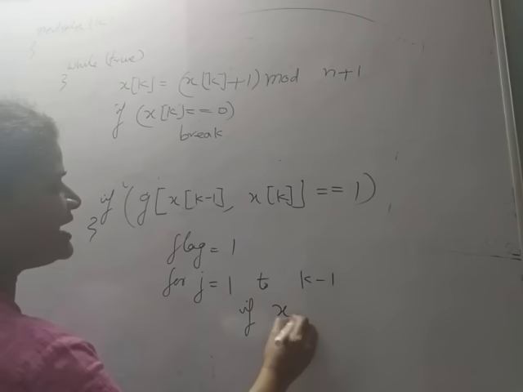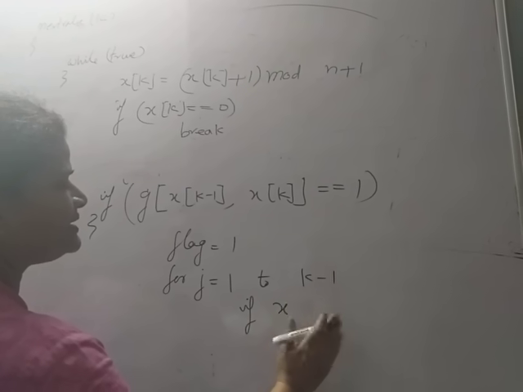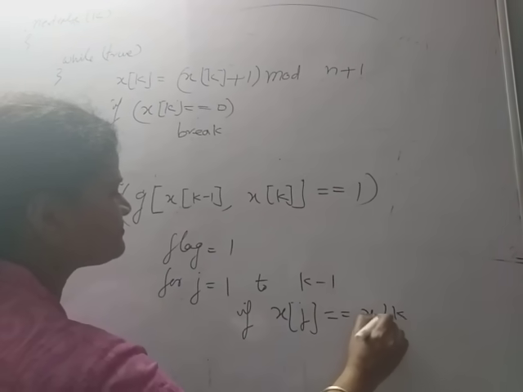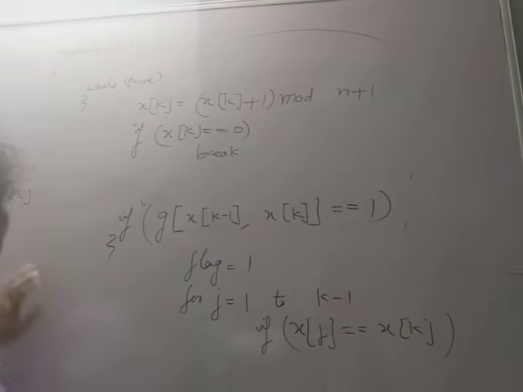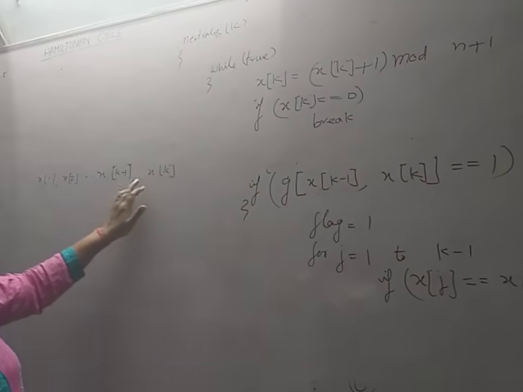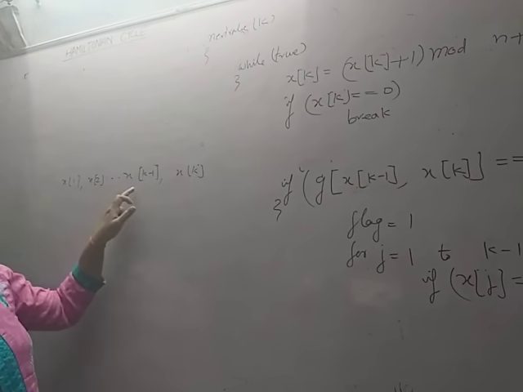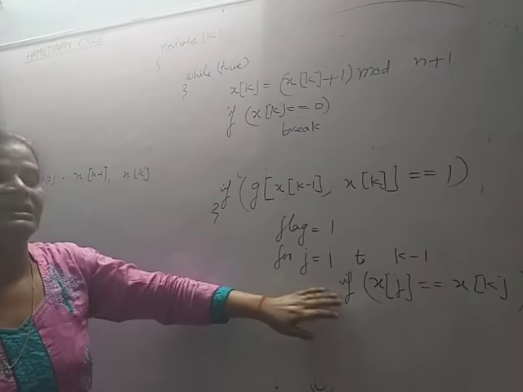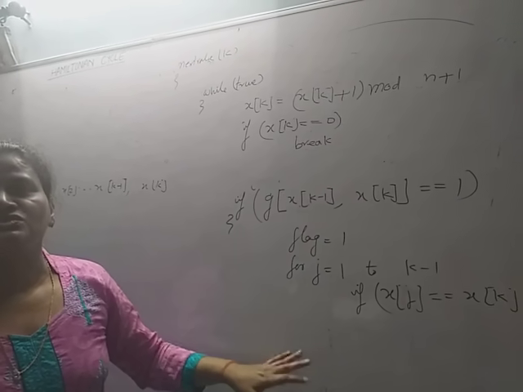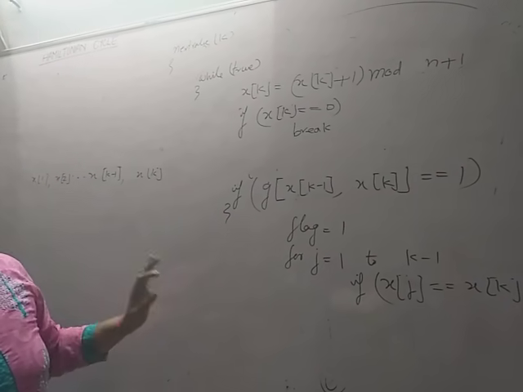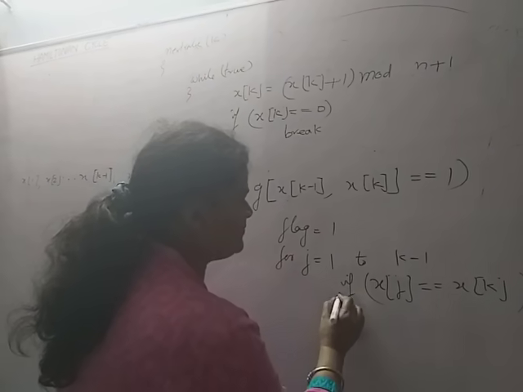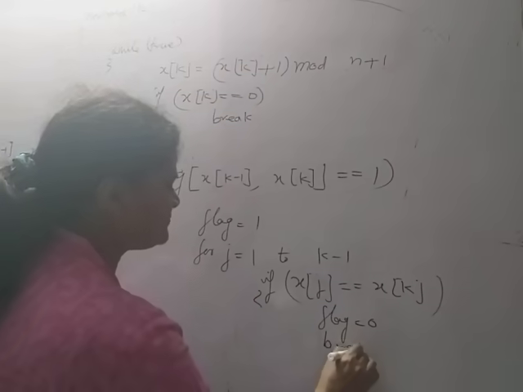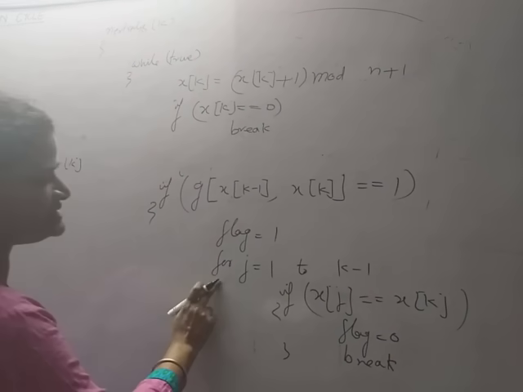If xj equal to xk, it means that the xk which is generated is similar to any of x1, x2, up to xk minus 1. If the vertex number in xk is similar, it means this is not added to the path. So here flag equal to 0 and break. So it will come out from this for loop.